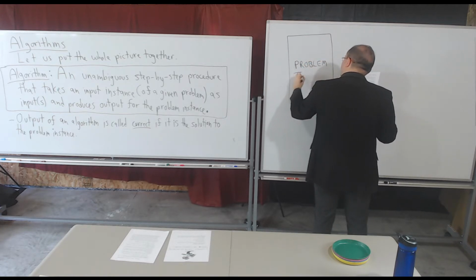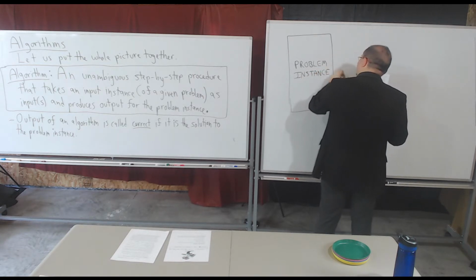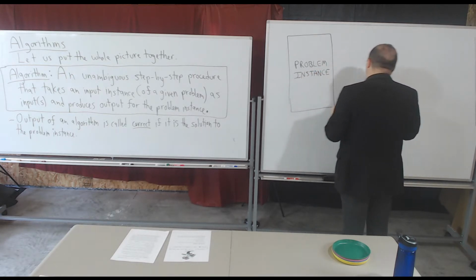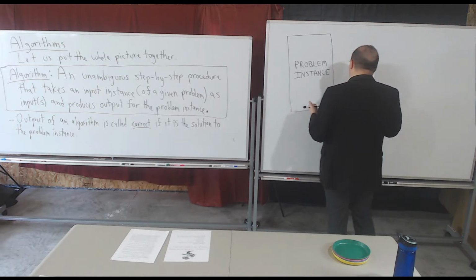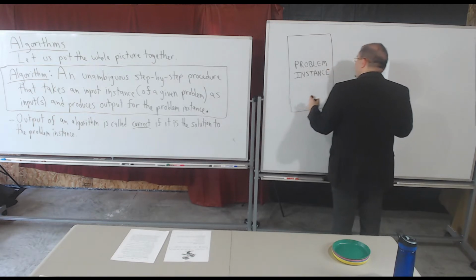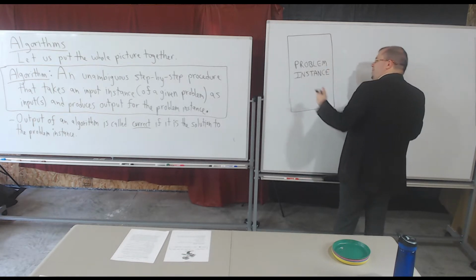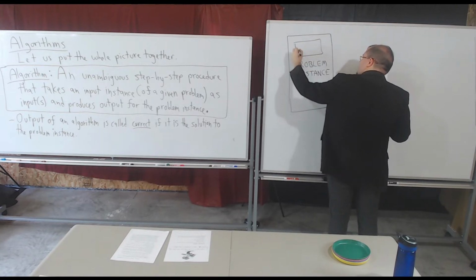So imagine I give you a problem instance. So remember, this is one of those dots in my circle where the circle represents all of my instances. And each one, remember, is some input, and that input is encoded with some number of bits. And that number of bits, that's our input size, okay? So usually we refer to the problem instance as inputs, specifically as the input instance or as inputs.